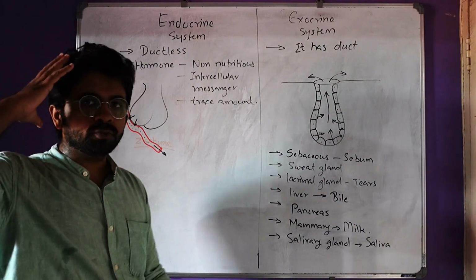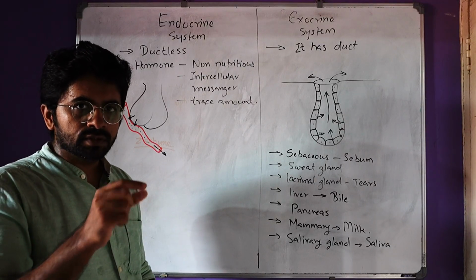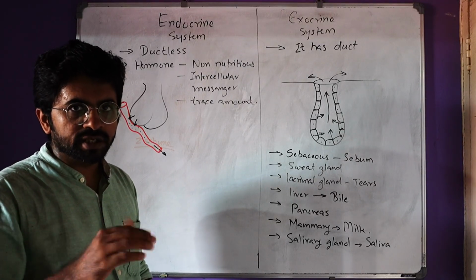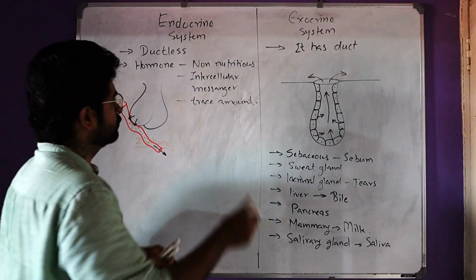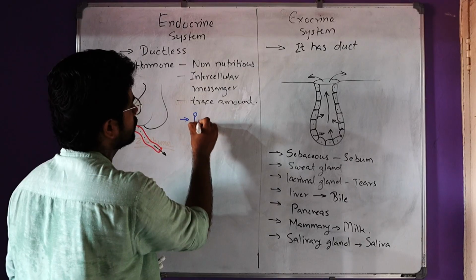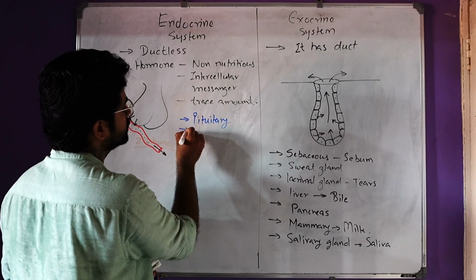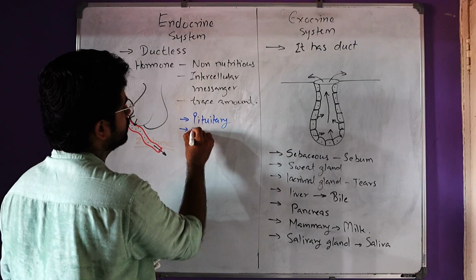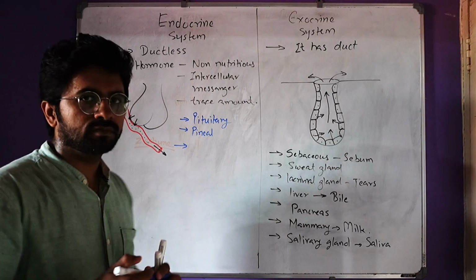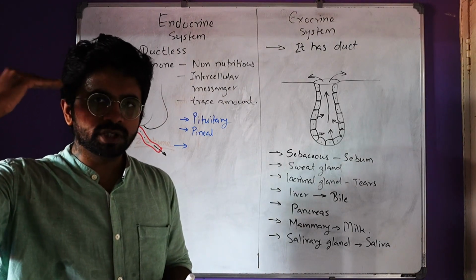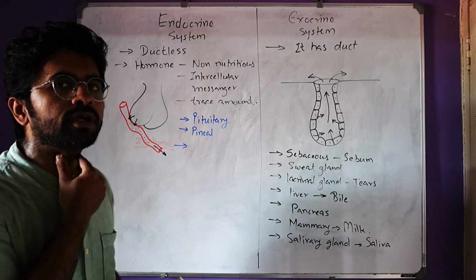If you start from your head region, in the head, hypothalamus is associated with pituitary gland and epithalamus is associated with pineal gland. So first is pituitary gland, second is pineal gland, third. Now let's come down. Pituitary, pineal in the head. Let's come down. Here there is thyroid and parathyroid.